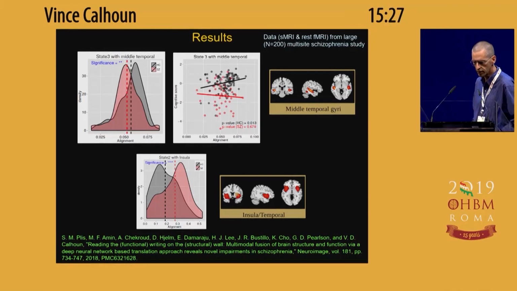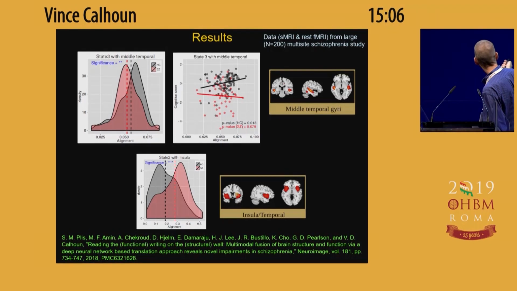And using this model of alignment, we find substantial alignment between structure and function. So there's obviously a strong relationship between the two, highly significant in terms of alignment. And also there are some significant differences between, for example, patients and controls. If we just look up here at the top for a second, there's a strong alignment here.